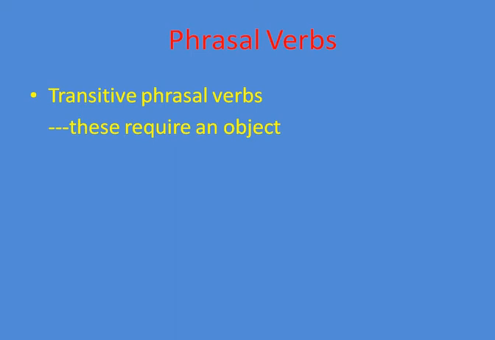Now if a phrasal verb requires for sure an object and doesn't convey any fuller meaning without an object, that is called a transitive phrasal verb. Like as you can see in this example, she looks after the child.